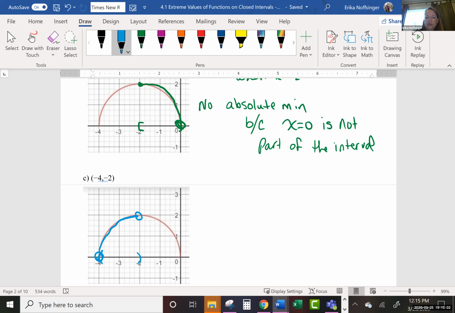I can choose some x value getting closer and closer to -2 on the left, and it's going to get like 1.9. I could choose something closer, and it might give me 1.99, but I can choose something even closer, which gives me 1.9999. So I know it's approaching -2, but there's no value that is actually giving me back -2. So in this case, there's no absolute max or absolute min.